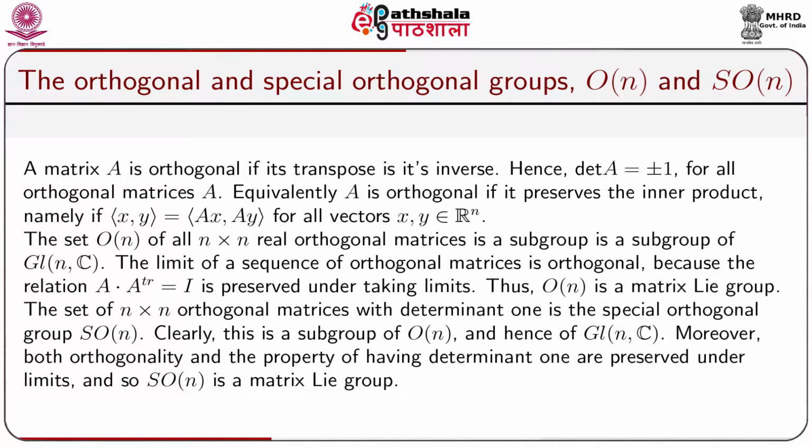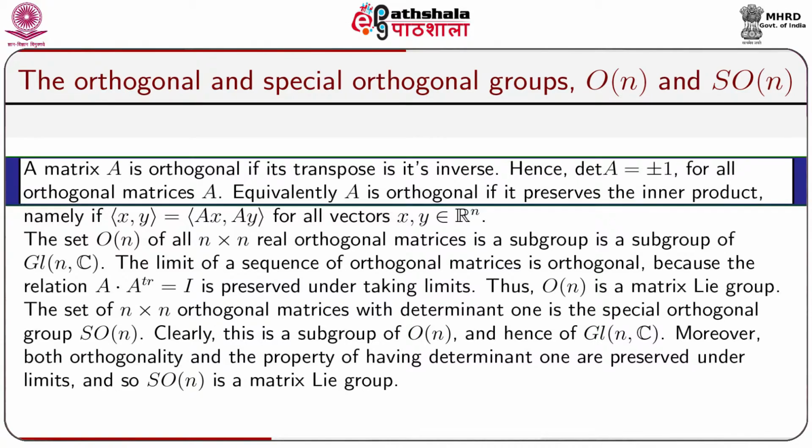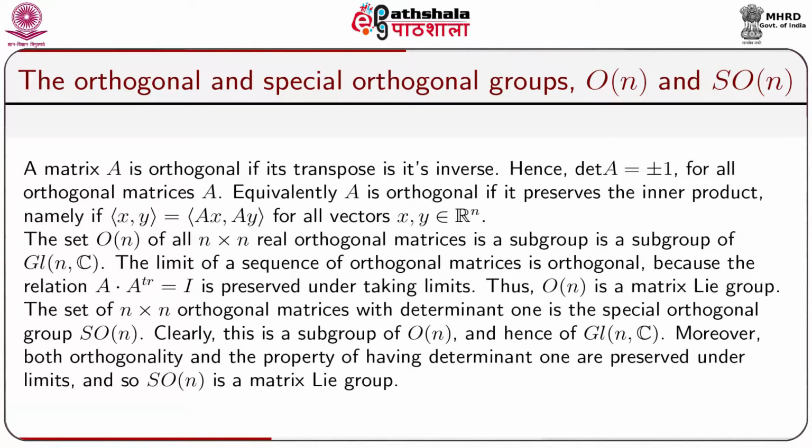Another kind of matrix Lie groups are On and SOn, that is, orthogonal matrices of order n and special orthogonal matrices of order n. A matrix A is orthogonal if it preserves the inner product. That is, the inner product of AX and AY is equal to the inner product of X and Y for all X, Y belonging to R to the power n.